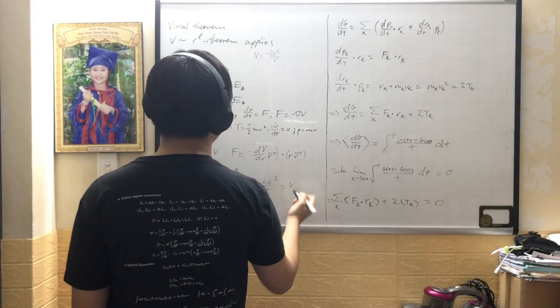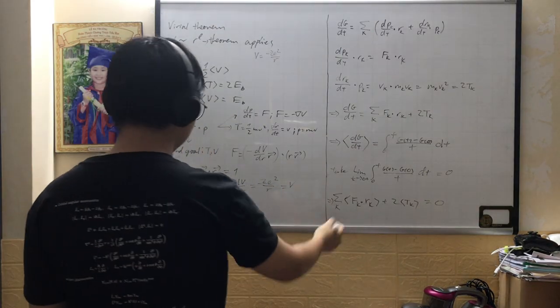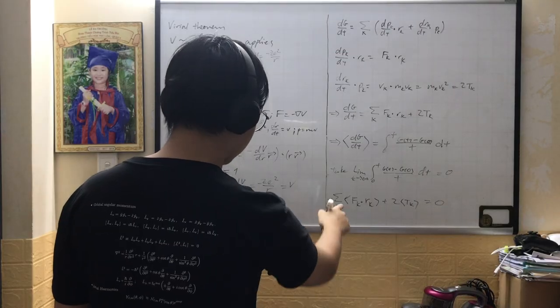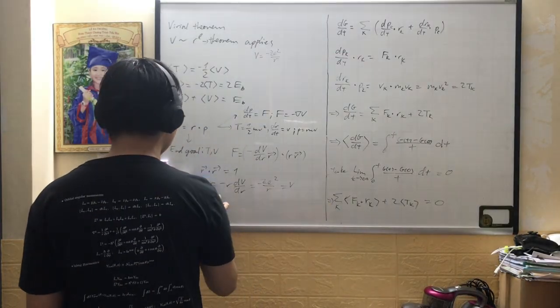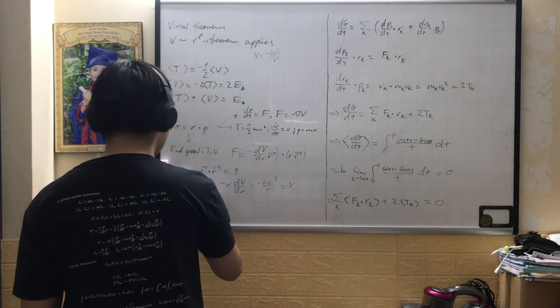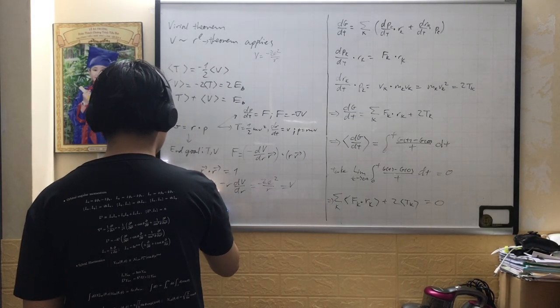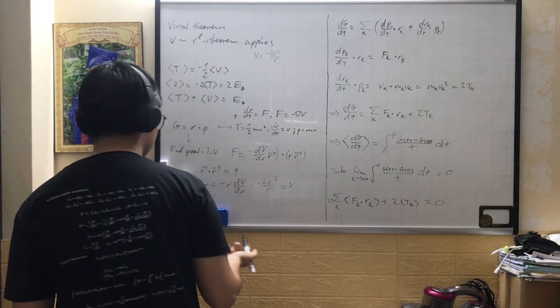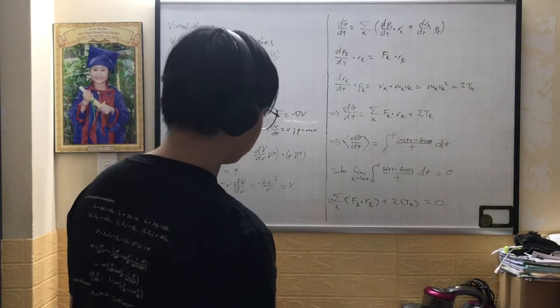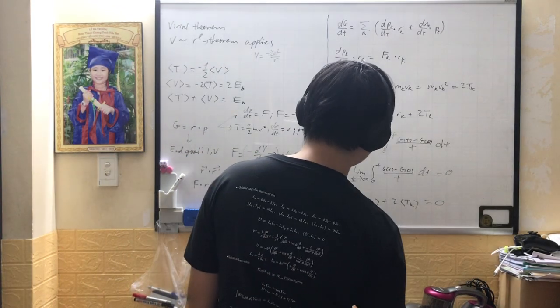So this is just equal to V. So this entire part is going to equal V. Okay, this is F dot r, not F. My pen is really struggling right now for some reason.